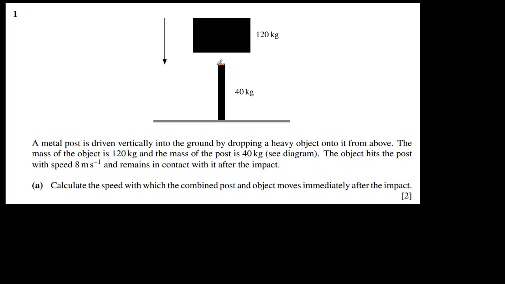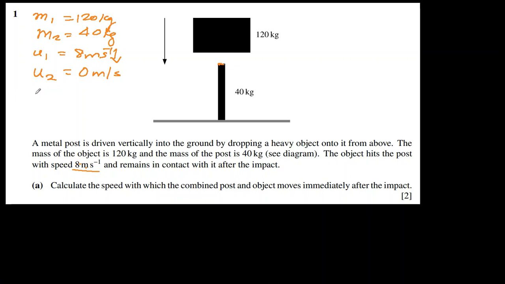They are in contact, and at the moment the speed of the object, so let's call object 1 as m1 equal to 120 kg, m2 is 40 kg, u1, the initial velocity of the object, is 8 meters per second downwards, and u2, the initial velocity of the pole, is 0. It is stationary, it is just kept there.